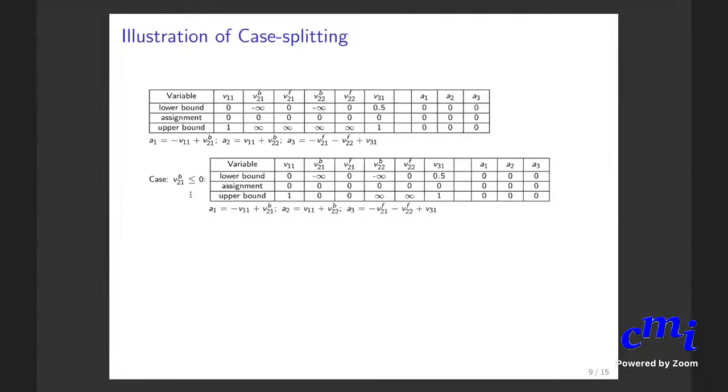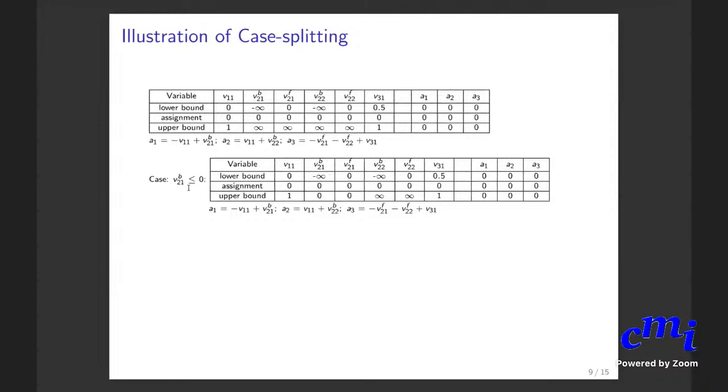Now let's suppose that I want to create the LP instance corresponding to the case split on the ReLU pair V21B, with two cases where it is less than or equal to 0 or greater than 0. You can easily model this case split just by changing the lower and upper bound of V21B.